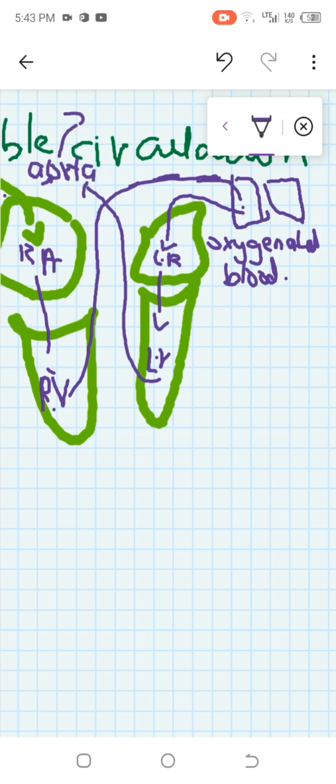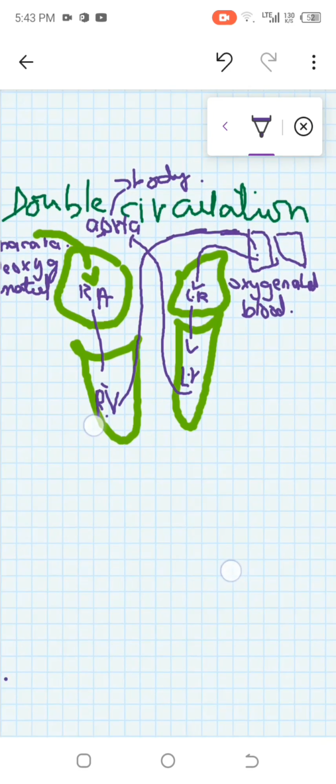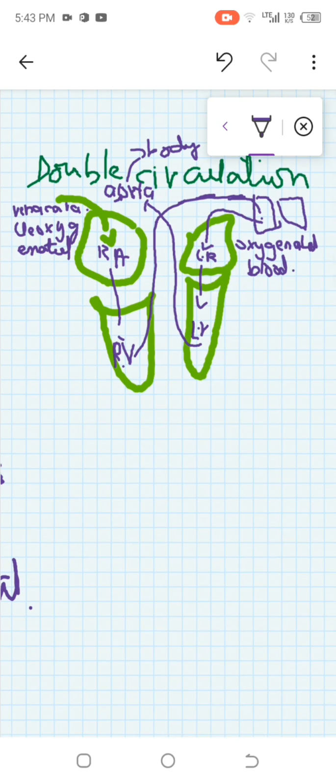This is how double circulation takes place, because here oxygenated and deoxygenated blood are not mixed.